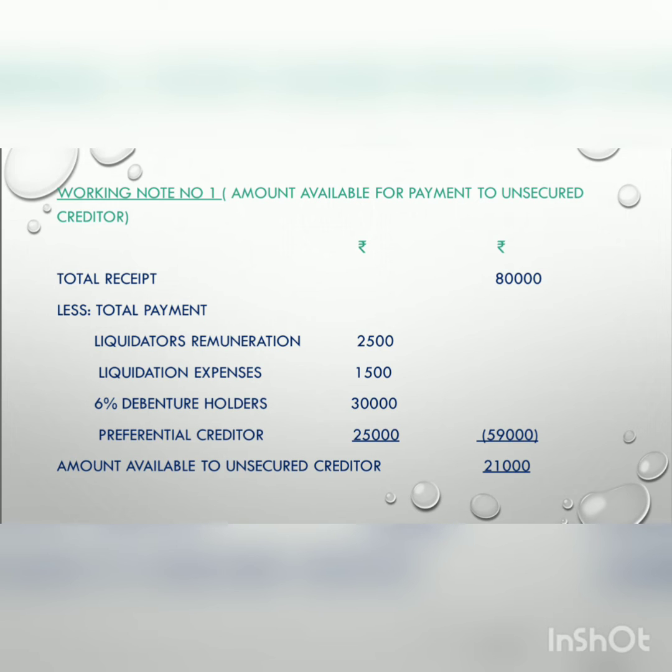The total payment, after payment of liquidator remuneration on asset realized and preferential creditors, then payment to 6% debenture holders, and payment of expenses of liquidation, and payment to preferential creditors, we get total payment as rupees 59,000. After reducing rupees 59,000 from rupees 80,000, we get rupees 21,000. Now the amount available for payment of unsecured creditors is rupees 21,000.